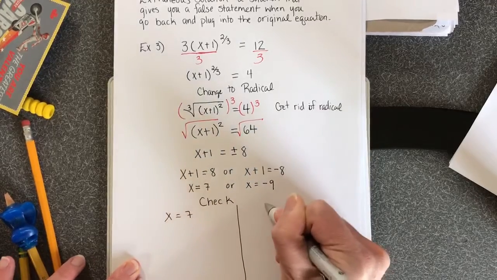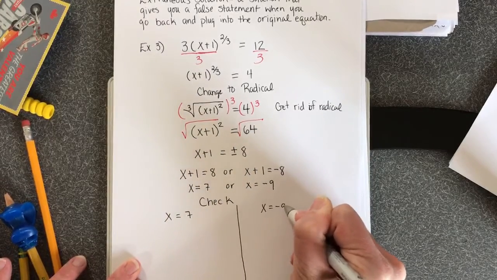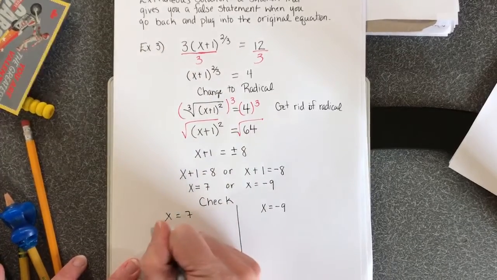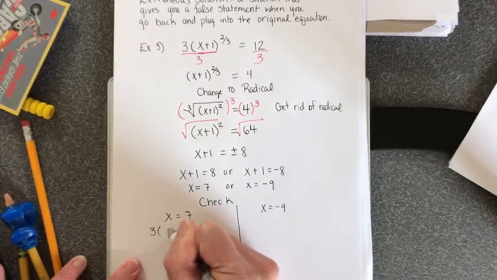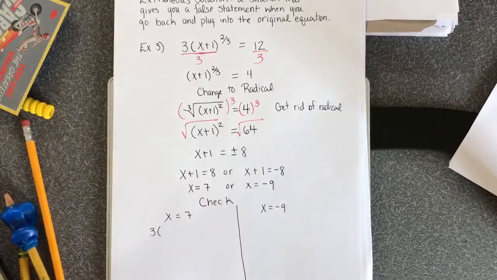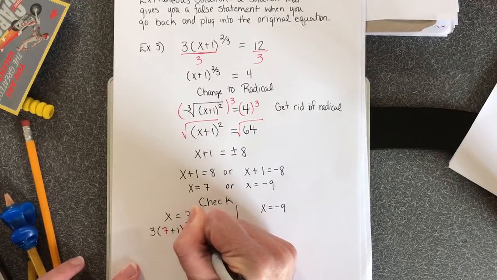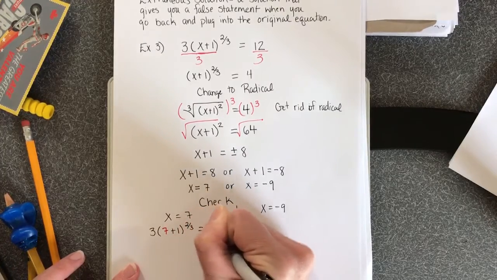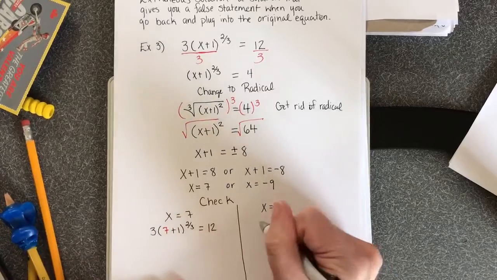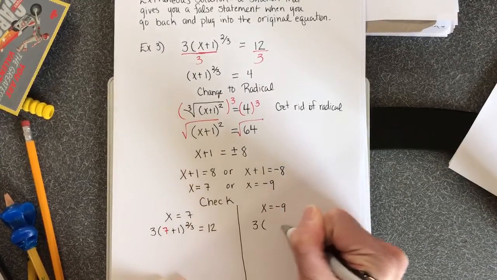The second one that I'm gonna check is x is equal to negative 9. So I'm gonna go back up to my original equation. I'm gonna replace the x with the 7. Okay, I'm going to go ahead and set it up on both sides.